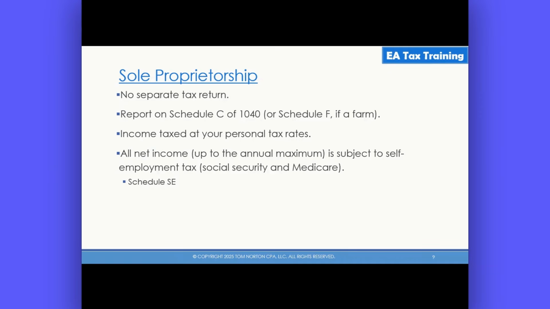Self-employment tax is then reported on Schedule SE. So if you have a profit from your business, you're going to owe self-employment tax. So you'll actually be attaching Schedule C and Schedule SE to your Form 1040. And you could potentially be attaching other forms to your 1040 related to your business as well, but you will have at least those two.